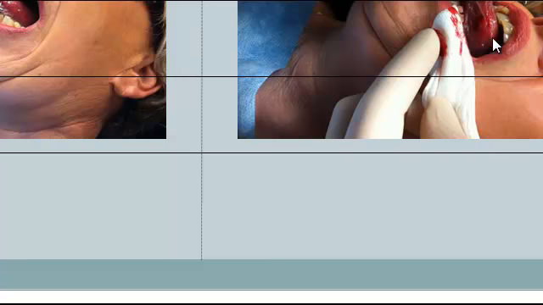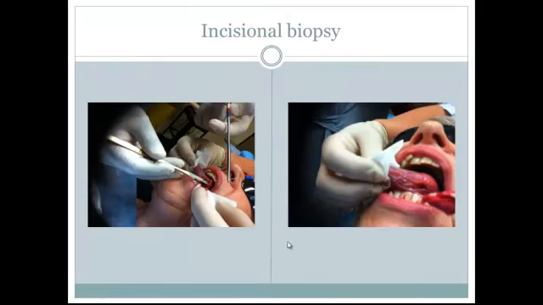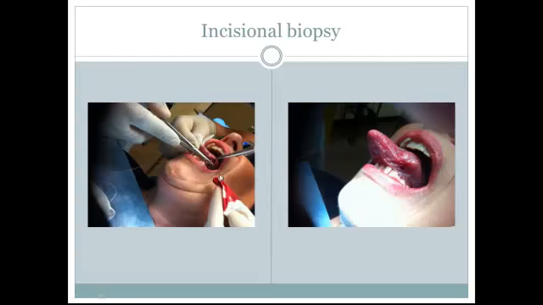And then with the scalpel, you take out an elliptical piece of tissue. Then once that's done, you're left with a defect which needs to be sutured, and once it's sutured, that heals quite well within a week or so.